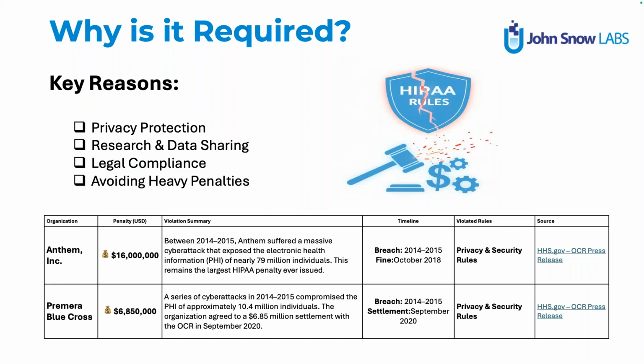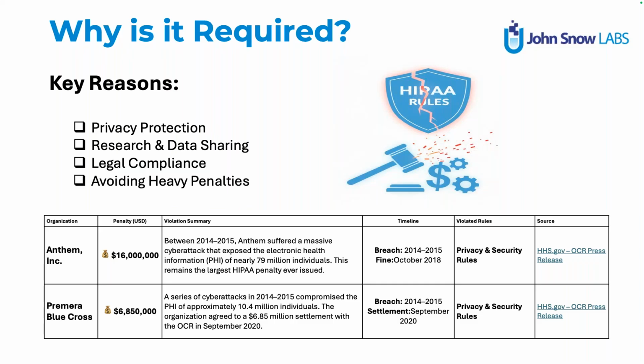For example, Anthem faced a staggering $16 million fine following a 2014 to 2015 cyber attack that exposed the personal health information of nearly 79 million individuals, the largest HIPAA penalty ever issued.